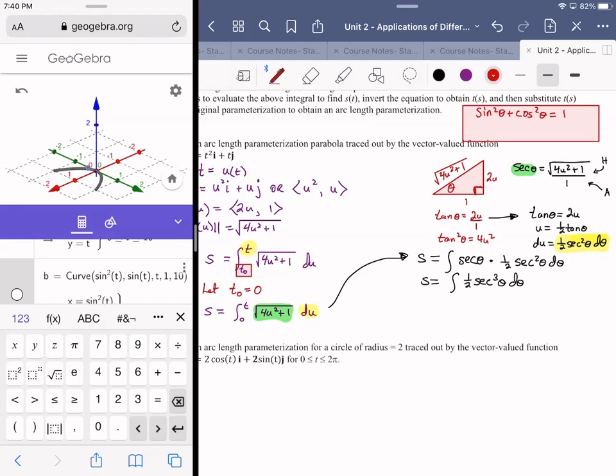If I divide each part of this by sine squared theta, I would end up with 1 plus cotangent squared theta is equal to cosecant squared theta. And then if I divide each part by cosine squared theta, I get tangent squared theta plus 1 is equal to secant squared theta.